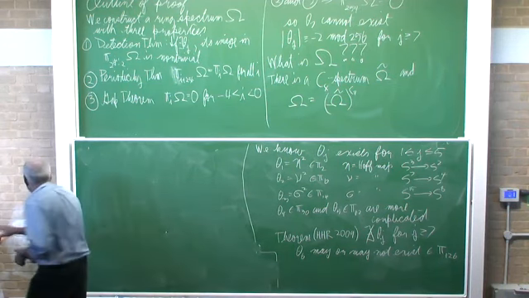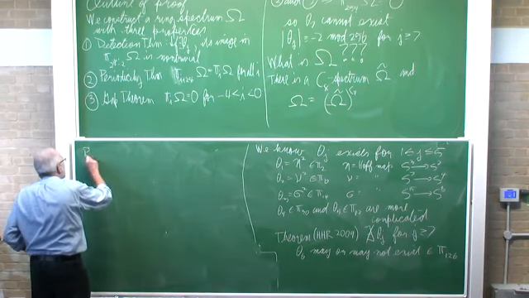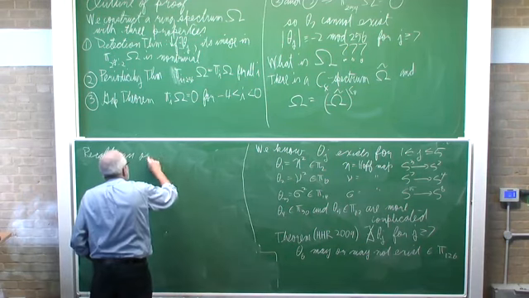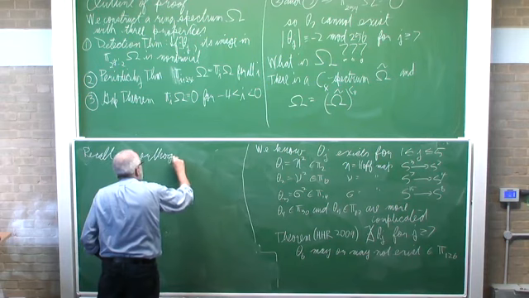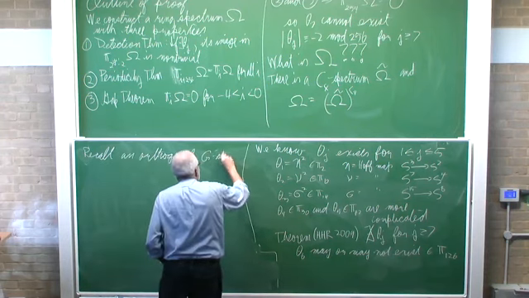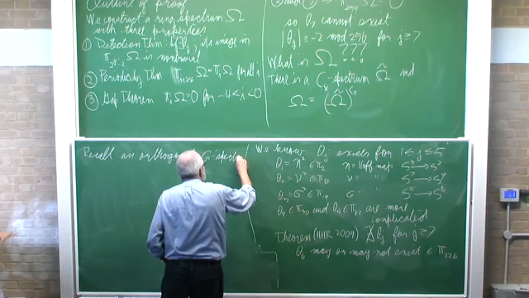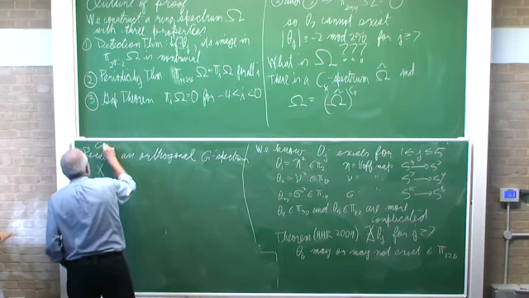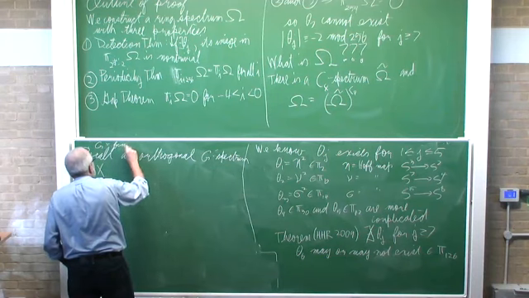So, recall an orthogonal G spectrum X. So G here is any finite group.